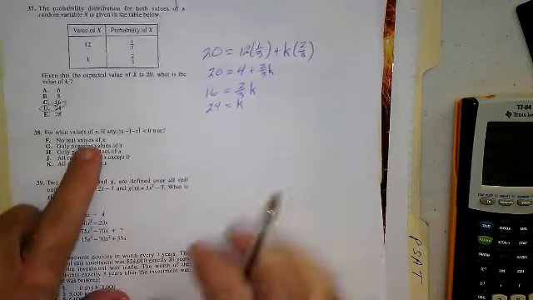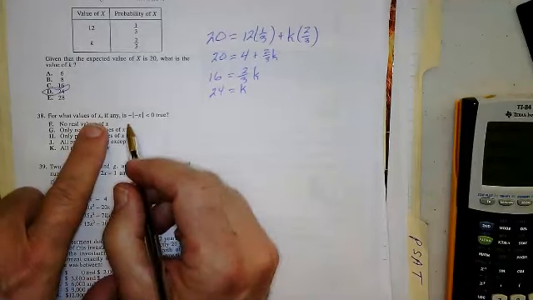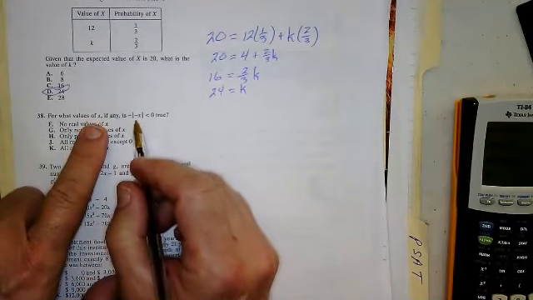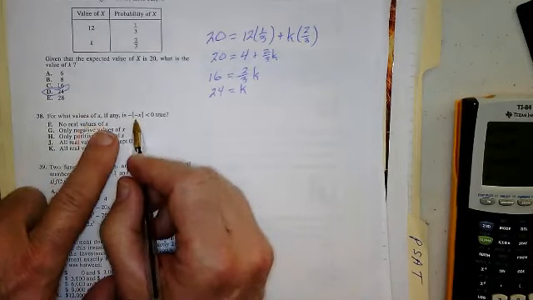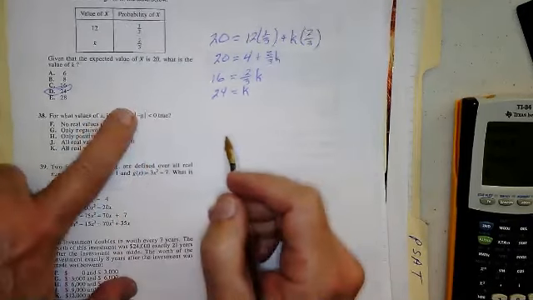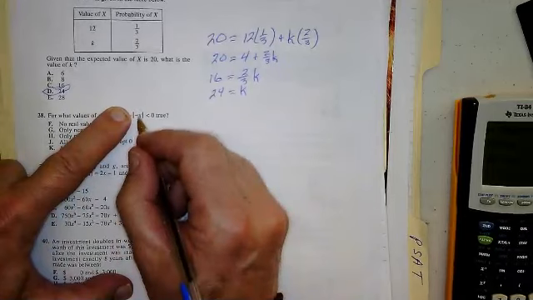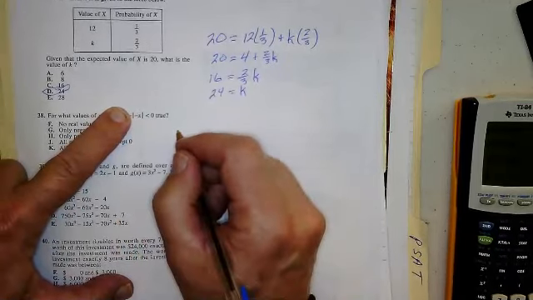All right, so for the next one, it says for all values of x, if any, is the negative of the absolute value of the opposite of x less than 0? Well, the absolute value of any number is always positive.